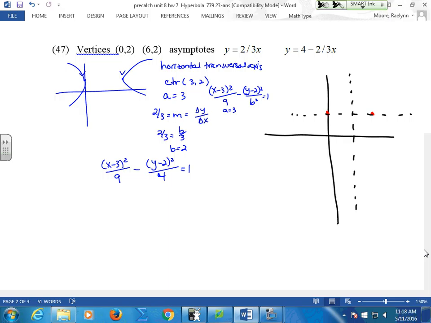If this is my vertex, that means which way is my hyperbola going? To the left and right. So which one is my transverse axis, my x or my y? My x. So I'm going to start like this: x minus h squared minus y minus k squared equals 1 over a squared, b squared.